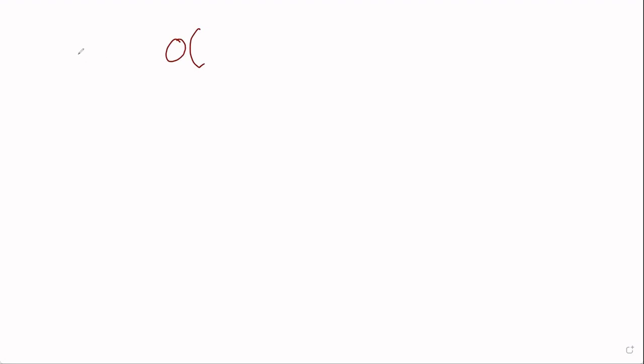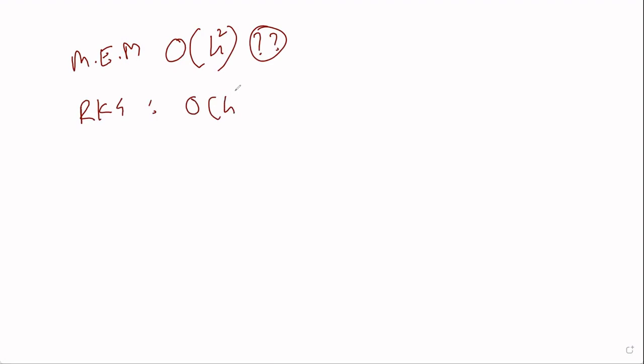If I am not wrong, the modified Euler method has an error of order h squared. Please verify this, so I'm writing a question mark here. And the RK4 method, I am certain of this one, has error of order h to the power 4.